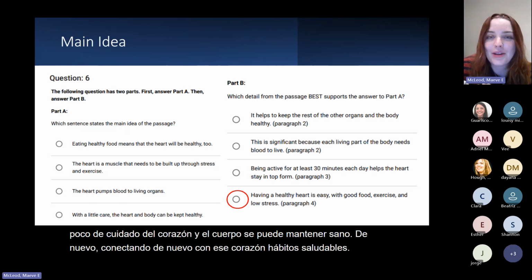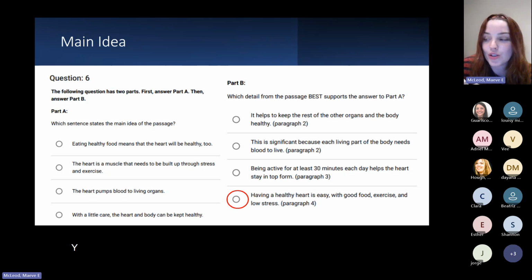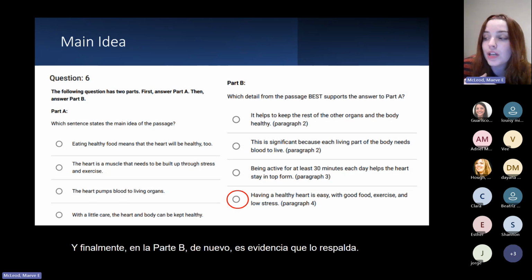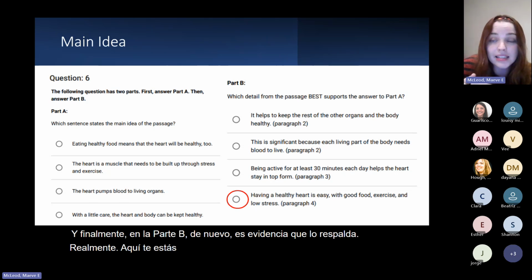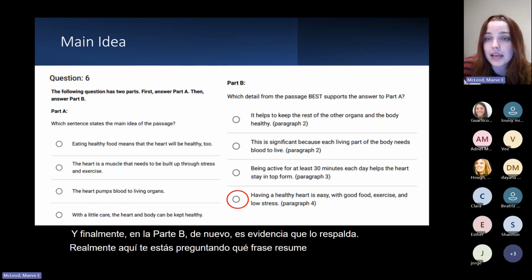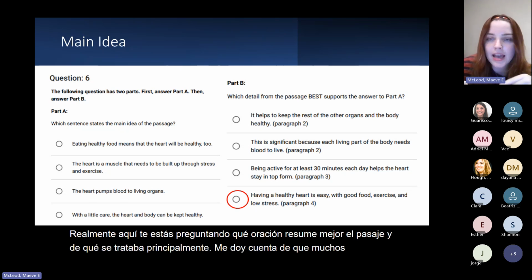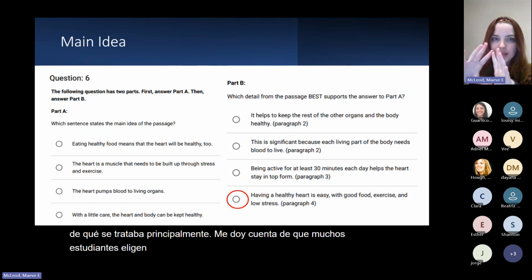And then finally, in part B, again, it's evidence to support. Really here you're asking yourself which sentence best summarizes the passage and what it was mainly about. I notice a lot of students picking out small details, and that doesn't really encompass the entire passage.